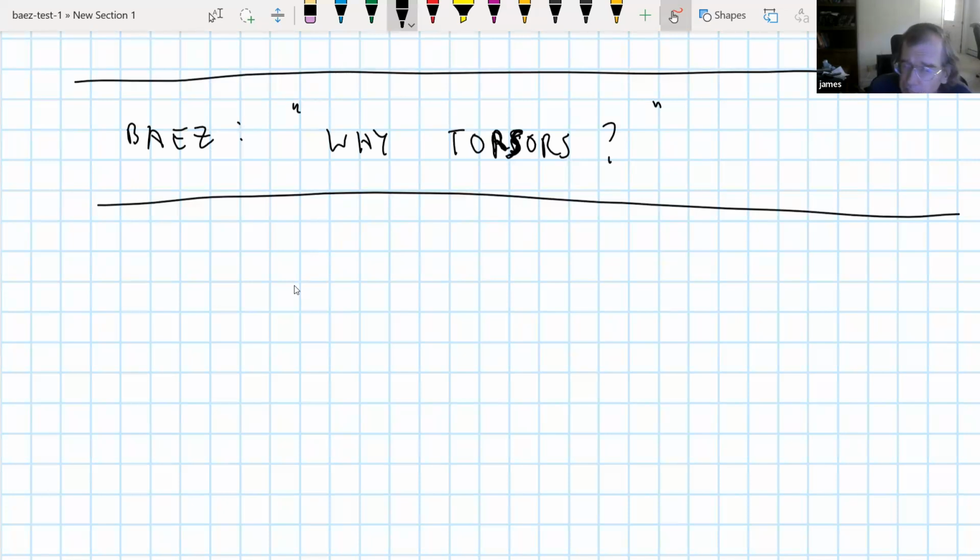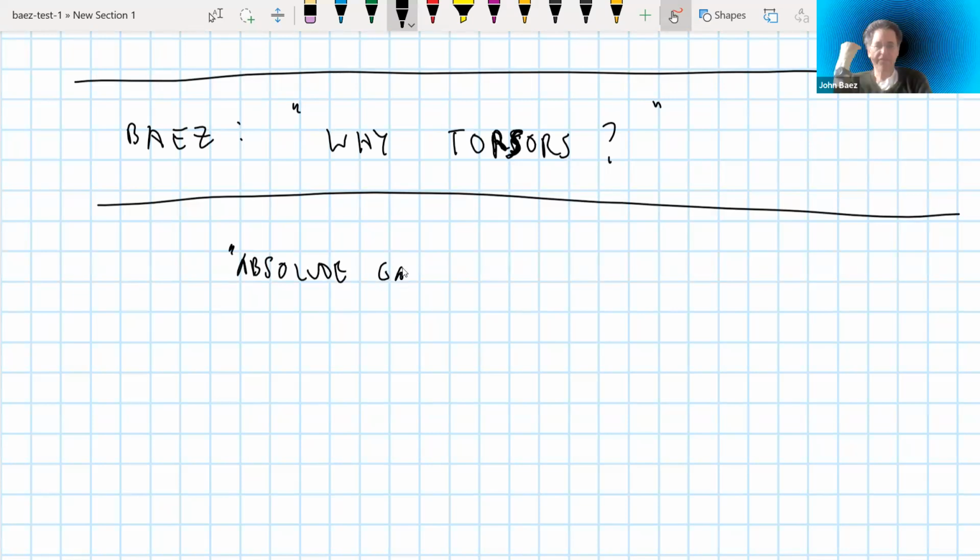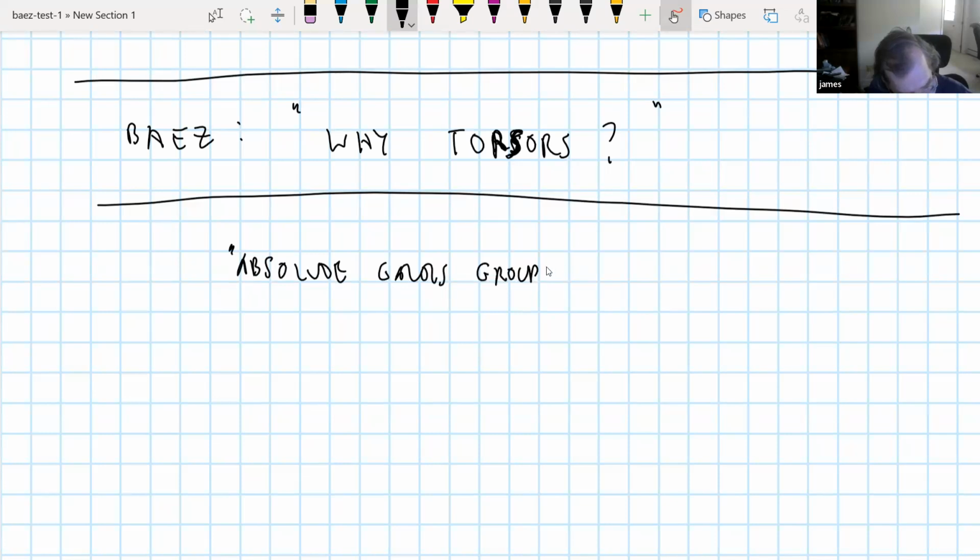Well, actually, I'm trying to think of what's some of the relevant terminology here. Sometimes people talk about something called an absolute Galois group. Is that right? Yeah. Now I'm trying to figure out how that parses. Maybe it's the absolute Galois group of a field or something like that. Certainly that is a primary case.